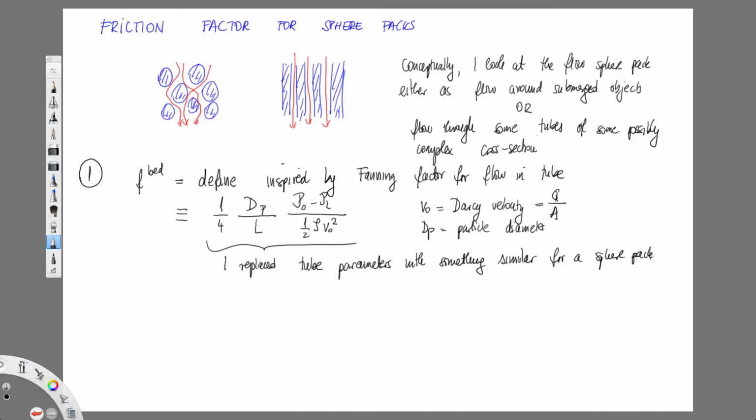Now, these are some of these average tubes. So if I actually had a tube, then I can see what the flow through that tube should be and what the friction factor should be for just an individual tube based on our definitions. So the second thing I will do, I will look into an average or representative tube through the sphere pack.